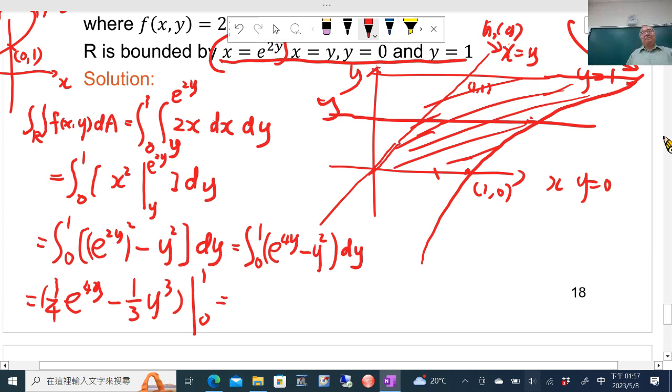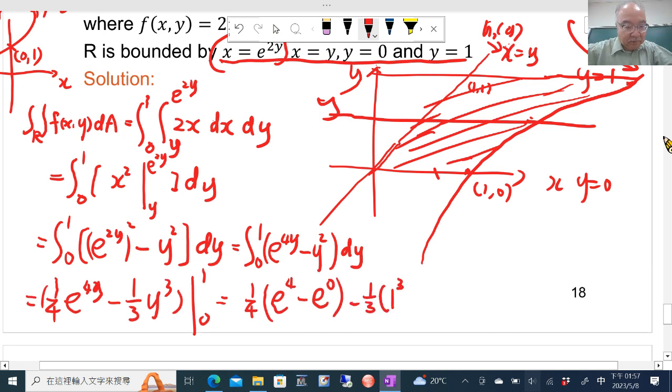Okay, all right, now the first term, a quarter e to the 4 minus e to the 0, minus 1 over 3 times 1 to the 3 minus 0 to the power 3. So finally you have a quarter e to the 4 minus 1 over 4 minus 1 over 3.